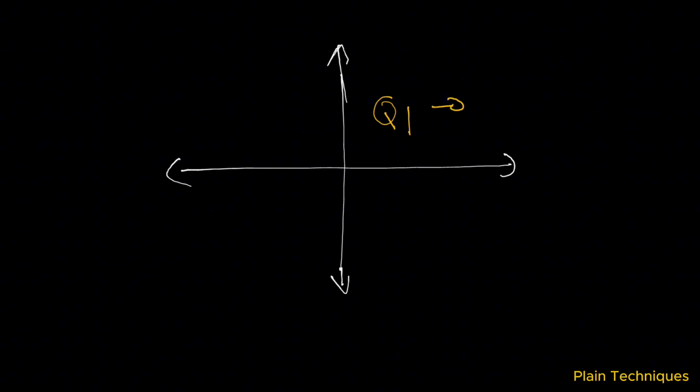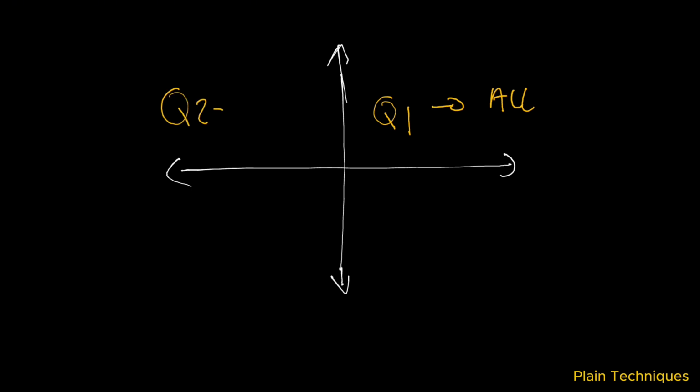Let's summarize. You are given that Cartesian plane. What do we know from the previous slide? We know that this is Q1, quadrant number 1. All of the trig functions are positive. We've seen that.